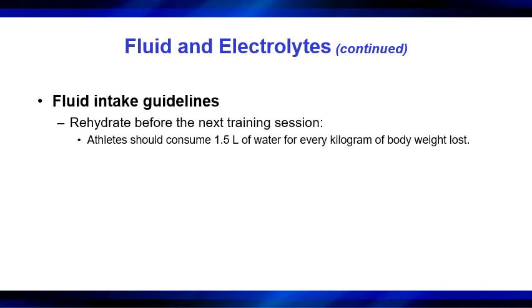In that situation, athletes should consume 1.5 liters per kilogram, about 24 ounces for each pound of body weight loss.